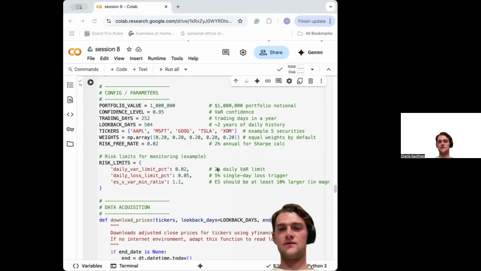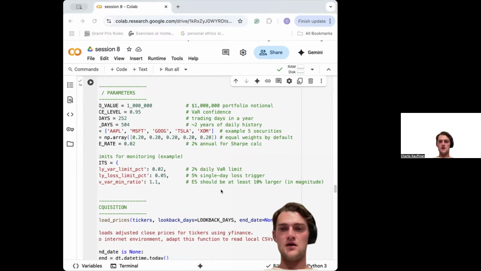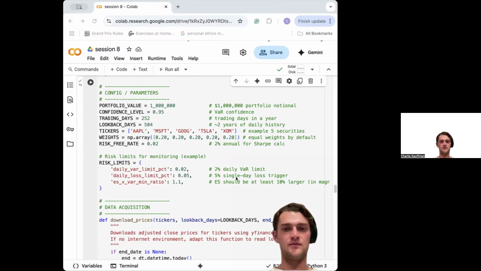Here is our VaR limit of 2% a day, and if we lose 5% in one day, that triggers escalation. And then this one is the expected shortfall ratio of 1.1. It should be at least 10% bigger than the VaR.